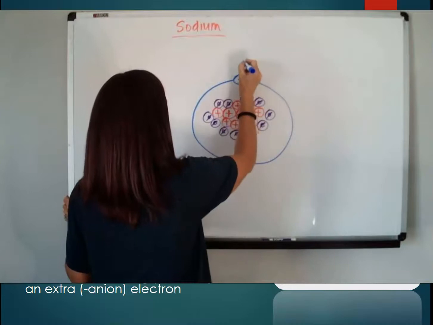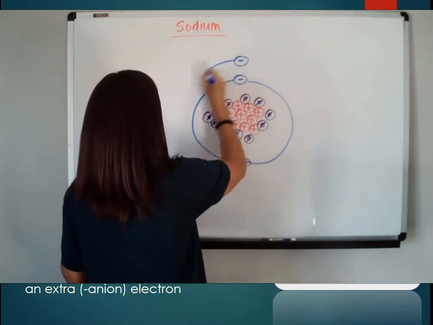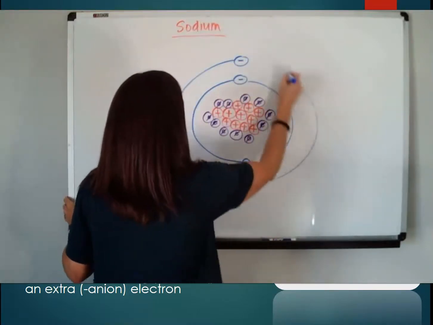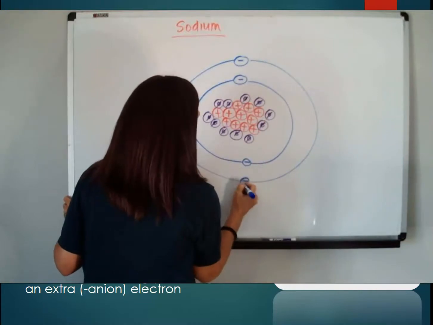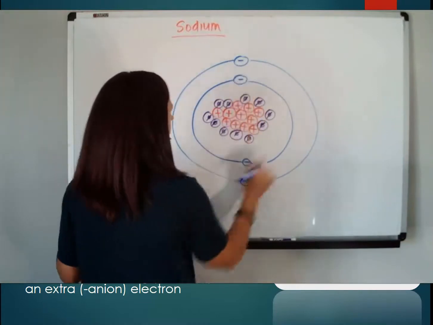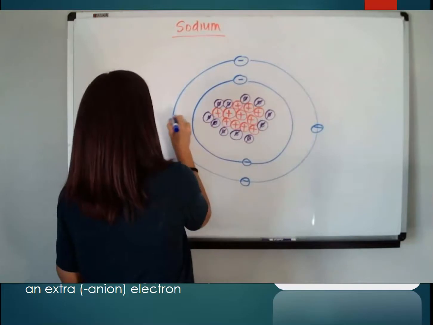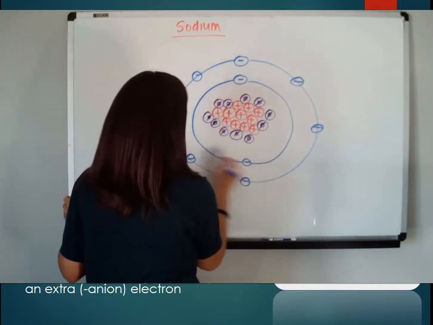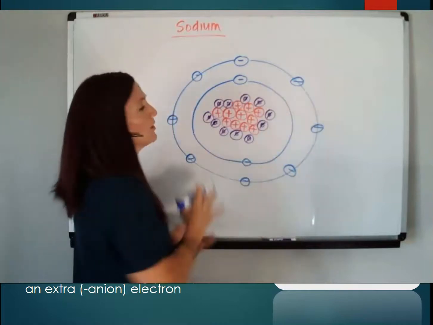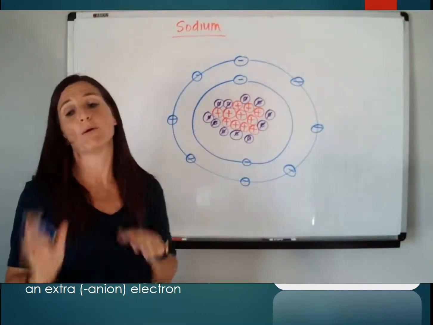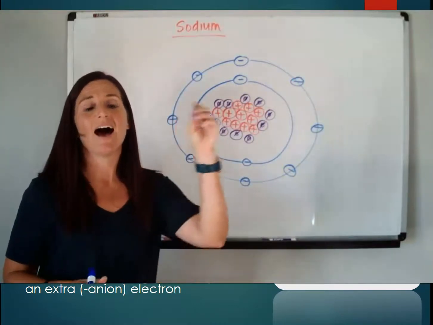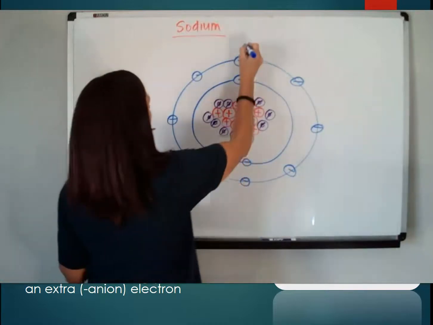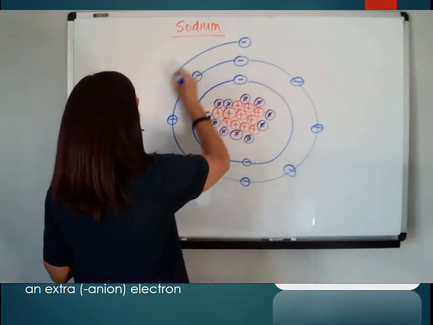So that's 2, and then on the next one, we draw 8: 1, 2, 3, 4, 5, 6, 7, 8, for a total of 10 electrons. But we don't need 10 electrons, we need 11 electrons, so I'm going to put one more up here.